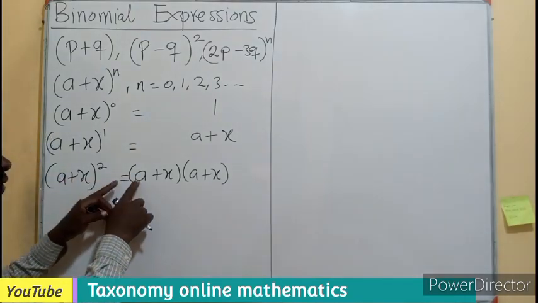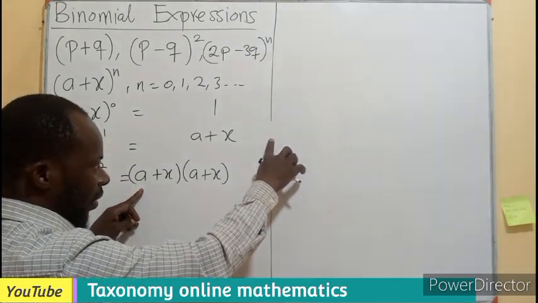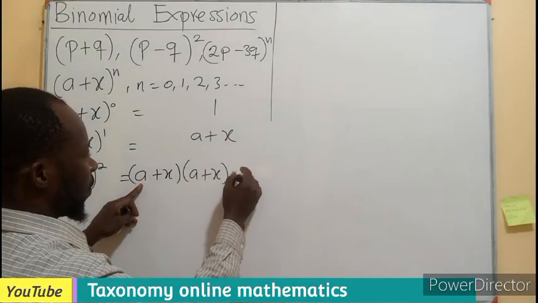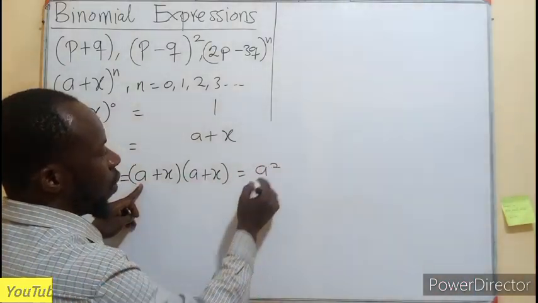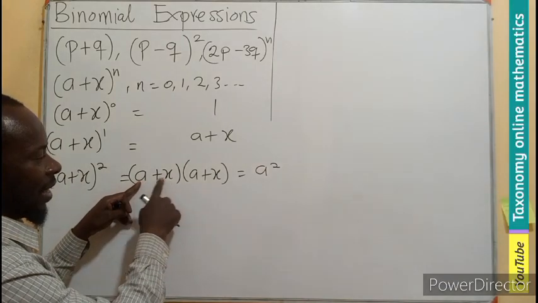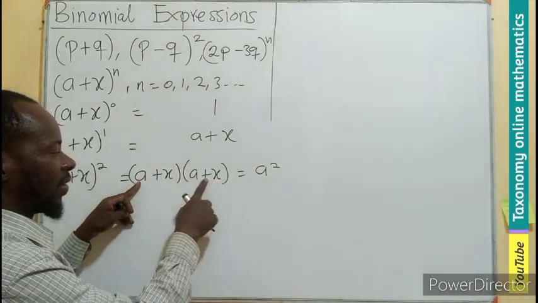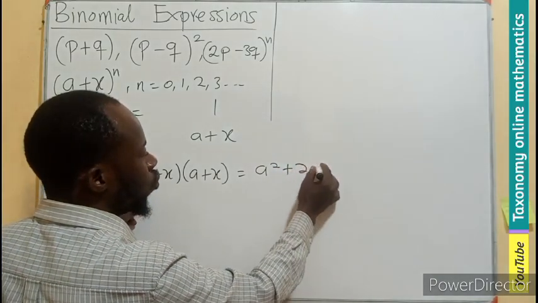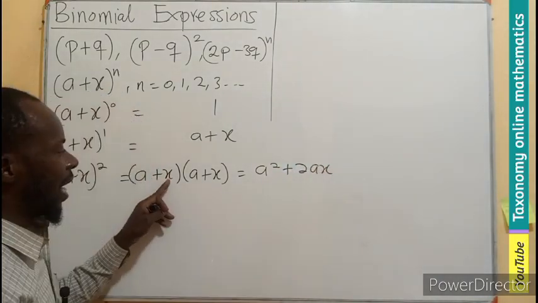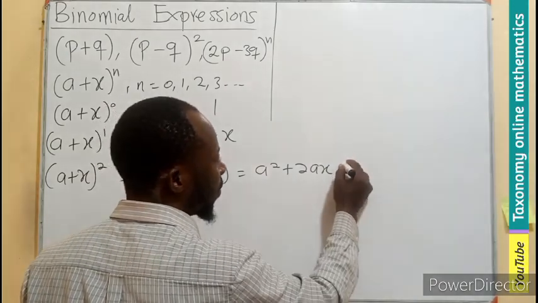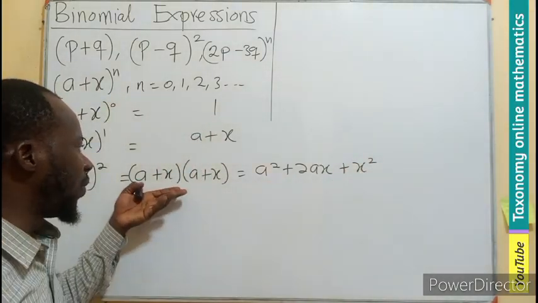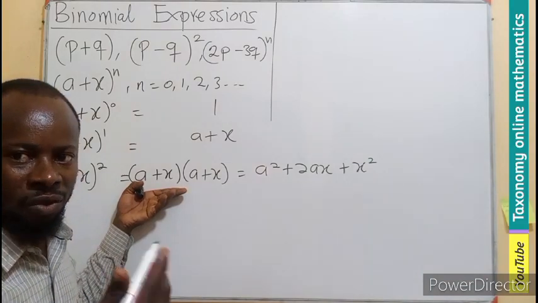And in this case, we can use the FOIL method: a times a gives us a squared. We know there will be a times x, that will be ax, and x times a, that will be another ax, 2 of them. So we have 2ax, then x times x will give us x squared. So this is the expansion if we have a plus x squared.